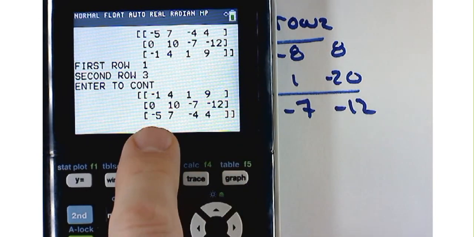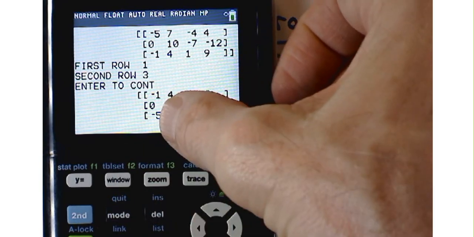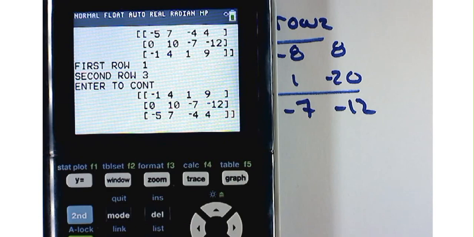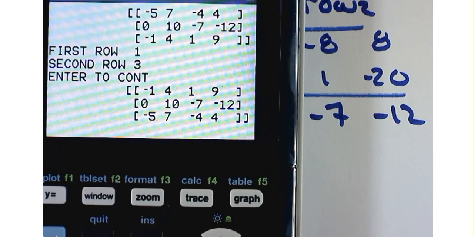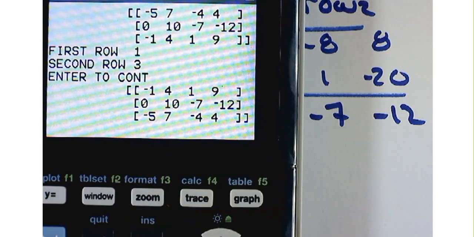To get a 0 here, what would I multiply the first row by and add to the third row? What can I multiply this by so that when I add it here, I get a 0? Well, the answer would be -5.